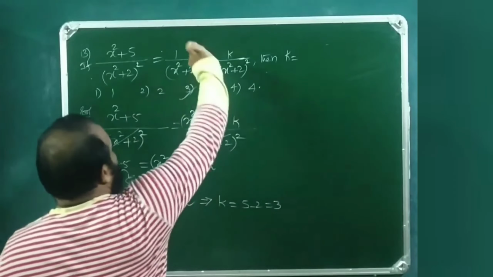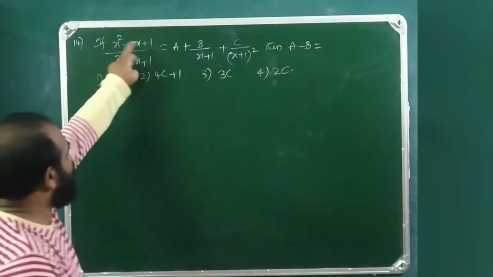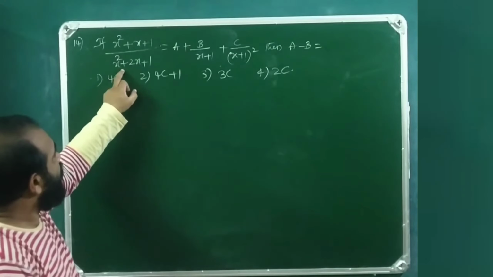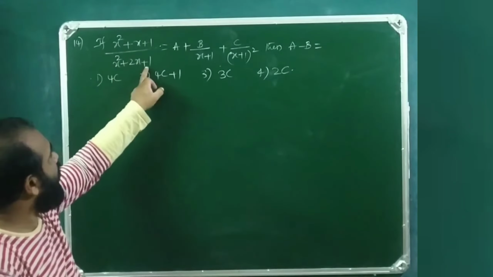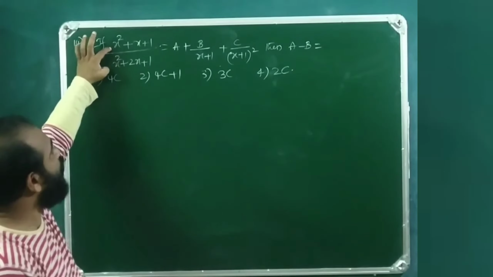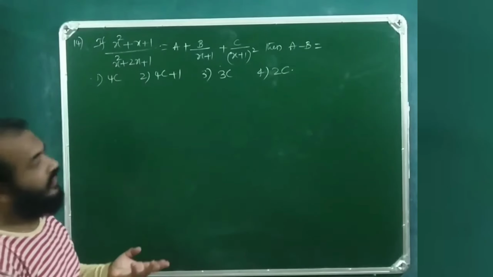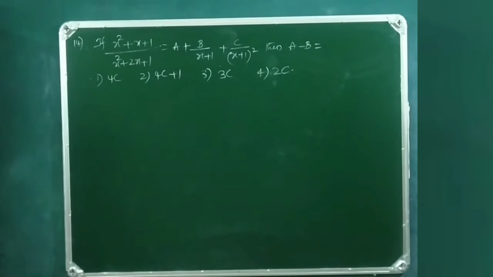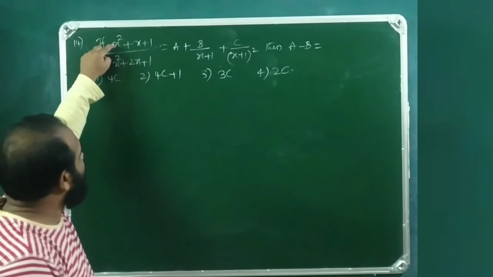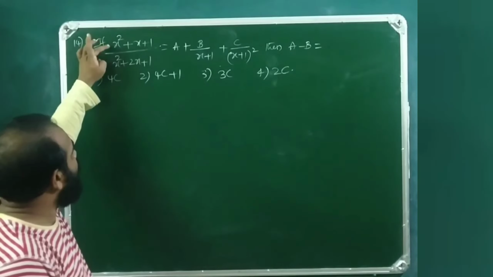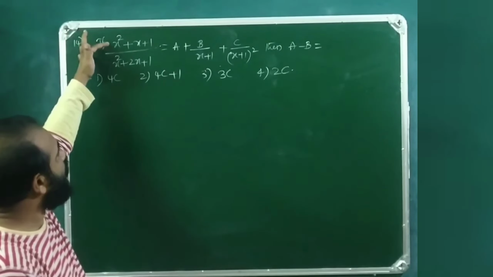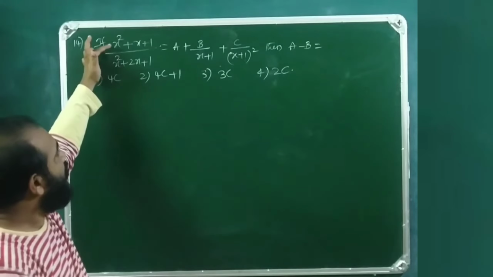The option number 3. If (x square plus x plus 1) by (x square plus 2x plus 1), this is written as (x plus 1) whole square. And further, it is an improper fraction with the degree of f of x and degree of g of x being the same. So the quotient of the coefficient of the highest degree terms in LHS and RHS is 1 by 1.